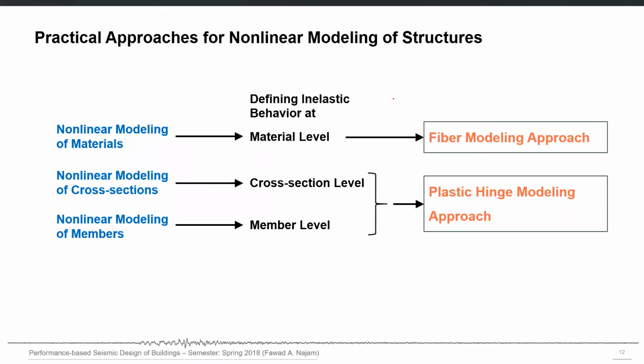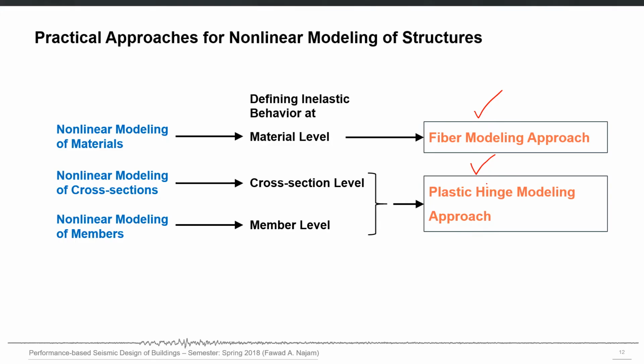Just a quick recap: there are two basic approaches of nonlinear modeling. One is fiber modeling, the other is plastic hinge modeling. Fiber modeling is based on the idea that the material itself can be directly made nonlinear using a nonlinear stress strain curve, and then the nonlinear action manifests itself automatically at the cross-section, member, and structure level.